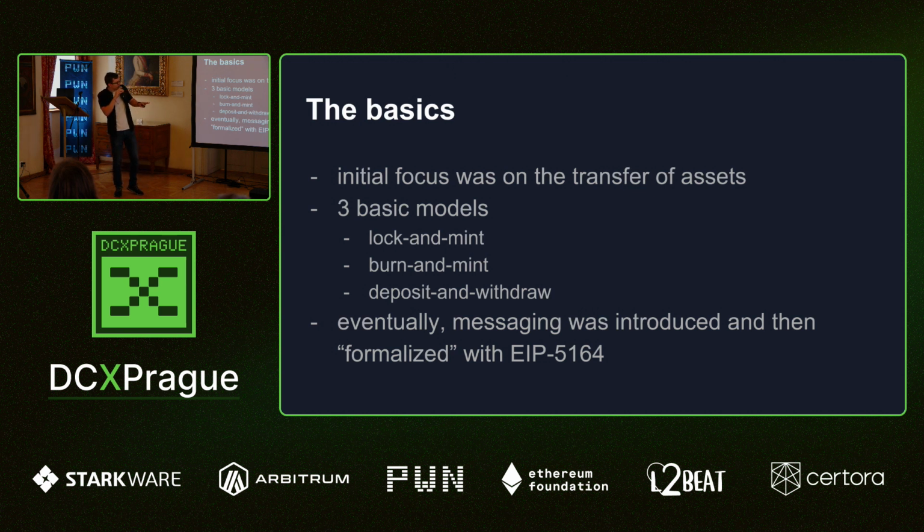A very similar but kind of different model is burn and mint. It still works by somehow kind of locking the token on the chain you're transferring from, but instead of actually locking, it's being burnt and then minted on the new chain.